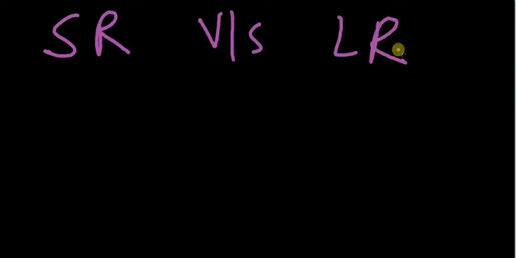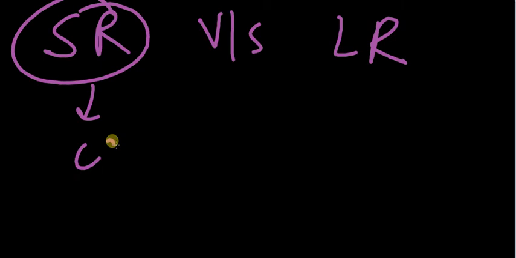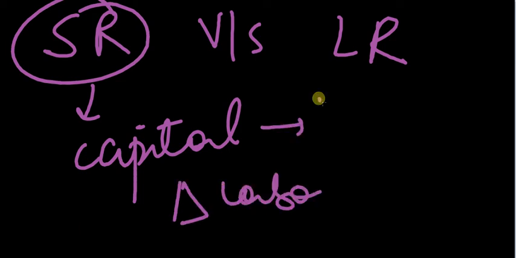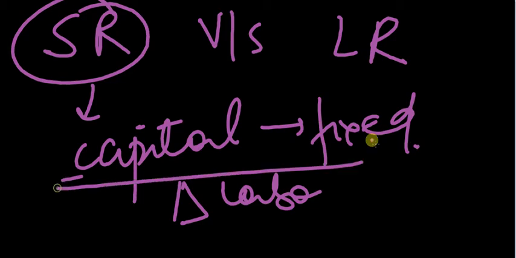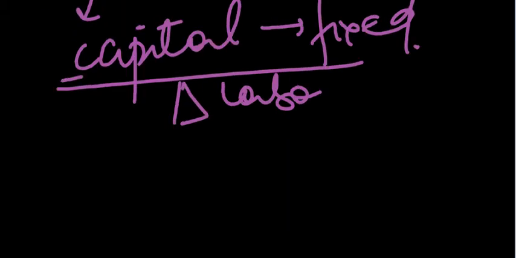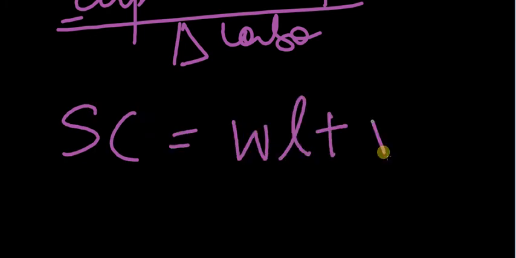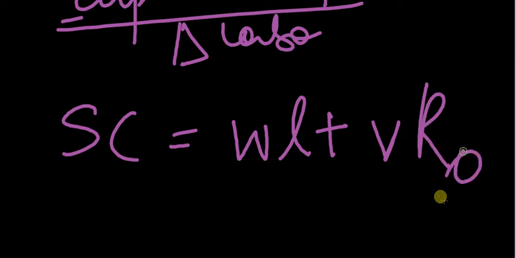Now, as I've already told you about short run versus long run, in the short run my capital is fixed at some level and I can only change labor. So if I have to write my short run cost function, it will be WL plus VK, with K fixed at some level K naught.